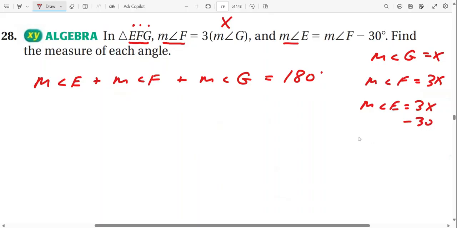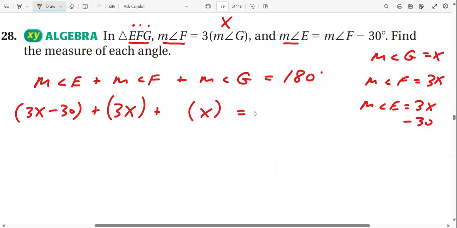Yes, Liz. Yes. All right, so we said E is 3x minus 30. And we said F is 3x. And we said G is just x. Combining like terms on the x's, what do you say? 7x. 3x plus 3x plus regular x is 7x.